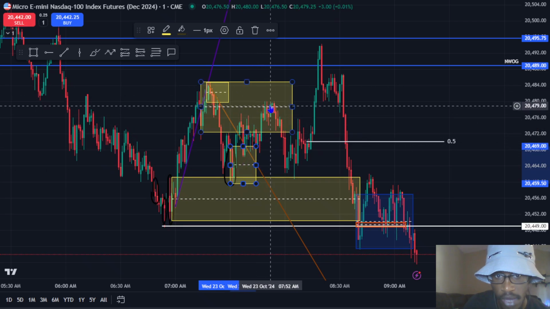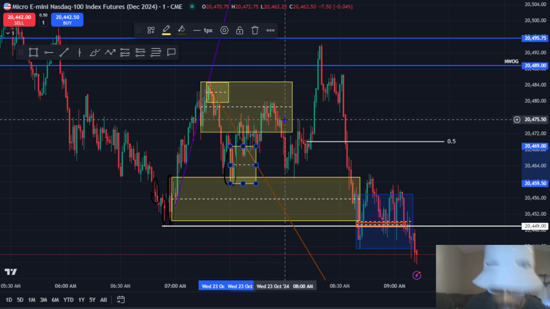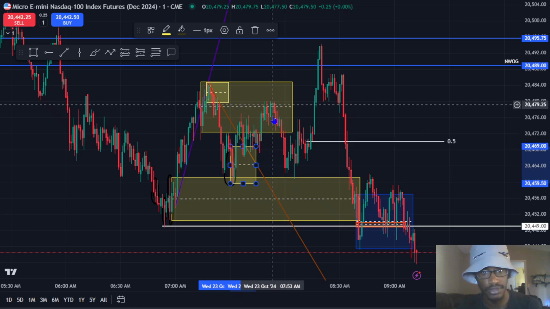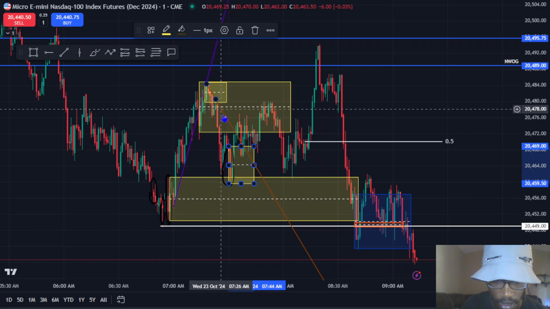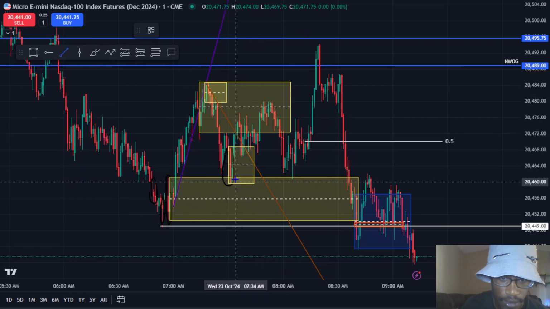You would just be watching the candles in here, telling yourself, all right, it's about to flip. You would just be watching the market. So this was our retracement down into the zone. Then what?